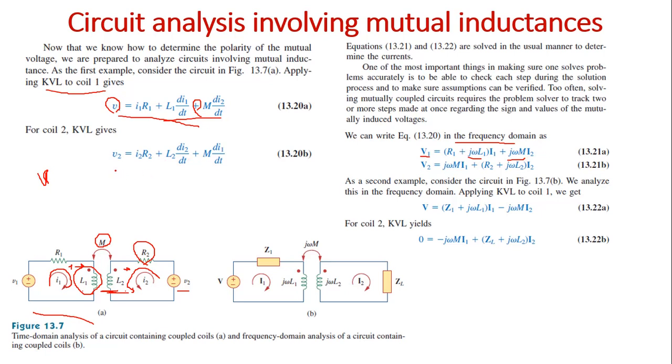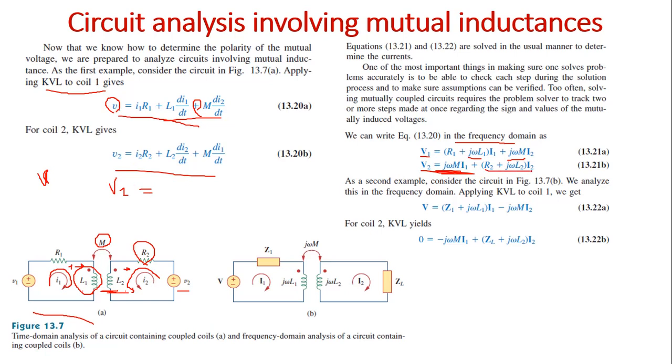Similarly for this equation, V2 is equal to j omega M into I1, from the M di1 by dt term, plus R2 plus j omega L2 into I2.